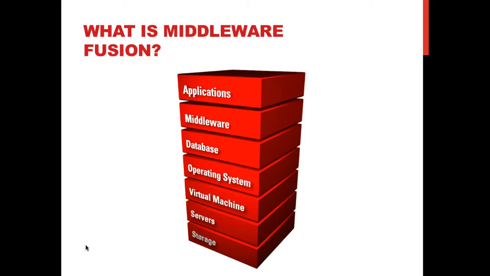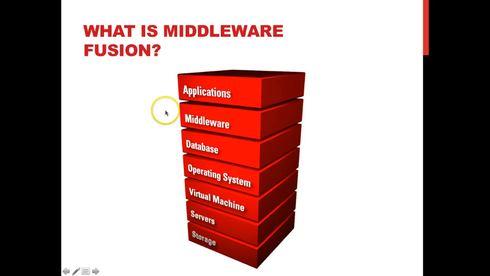I'm also the type who has to read the book, and I have to have some type of imagery, as you can see in this diagram, to help me understand. Then I apply the knowledge I've gained from the book, and that's how I learn best. So that's why I have this diagram. I'm going to explain what Middleware Fusion is based on this.